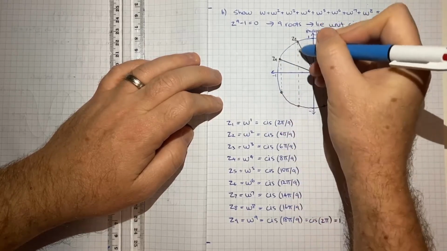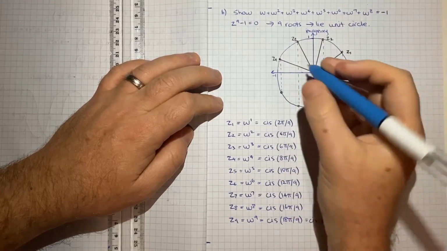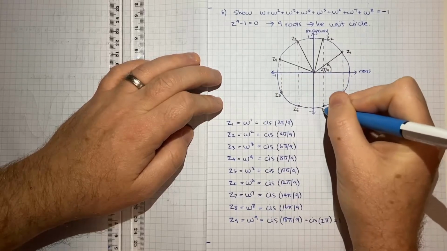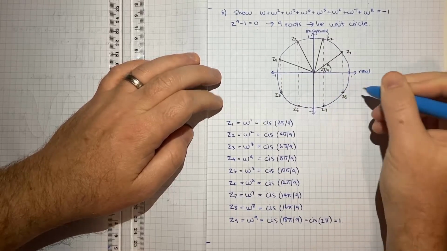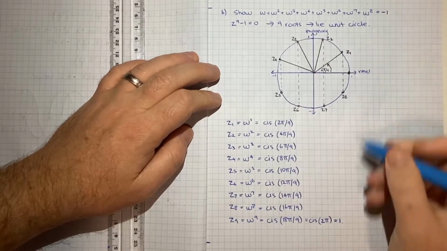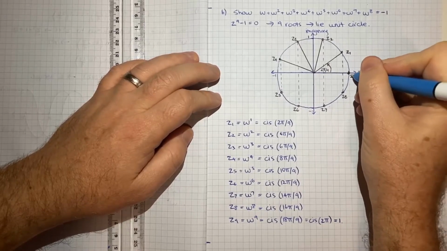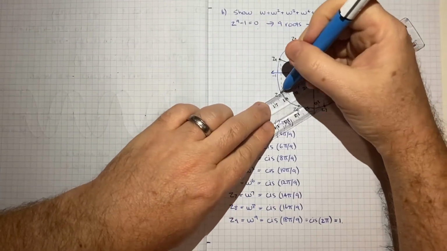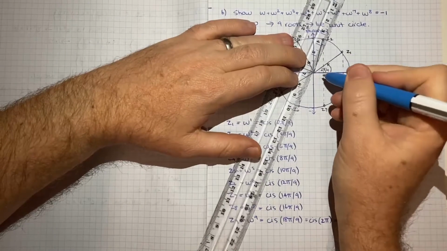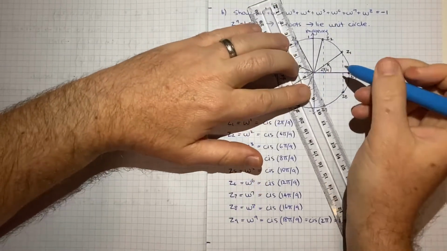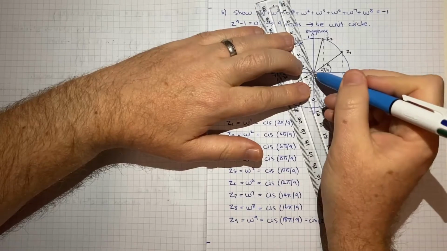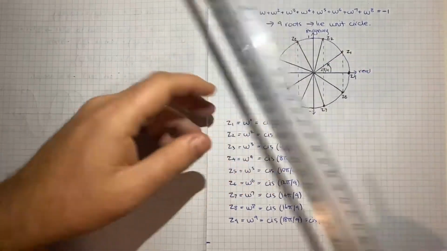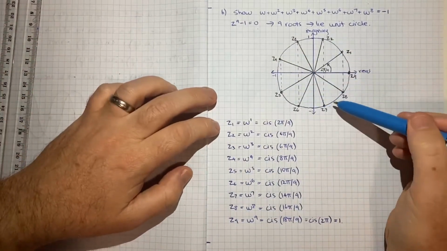So it's helpful to know that they're just on the opposite side of the real axis. So we'll have Z5, Z6, Z7, Z8, and then finally Z9, which is the number 1 lying on the real axis. So I'll just fill in all those lines. Alright, so there's our unit circle with our 9 roots.